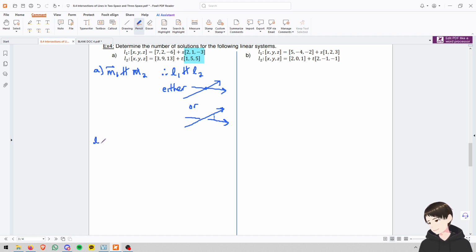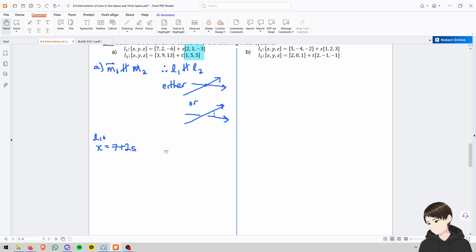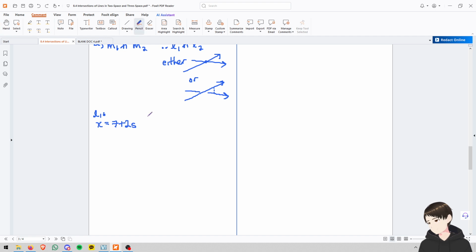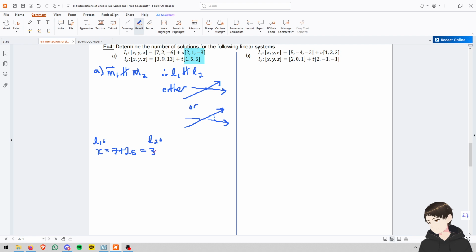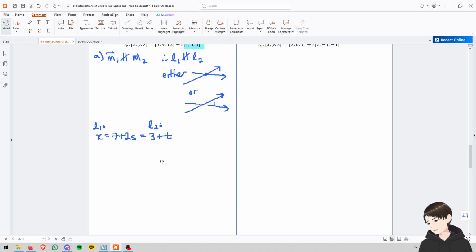So for line 1, x equals 7 plus 2s, and for line 2, x equals 3 plus t. There's one equation.